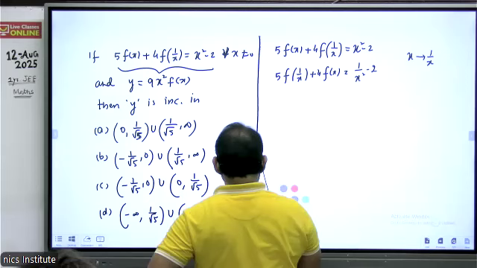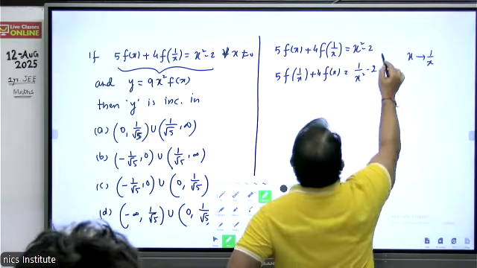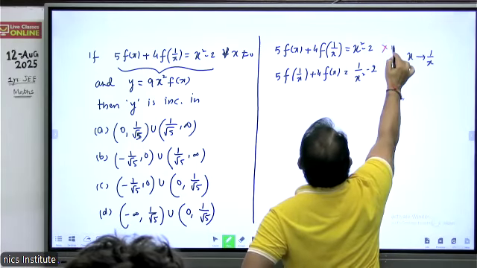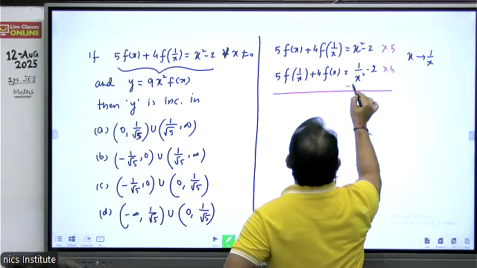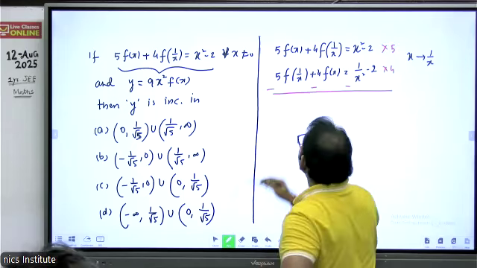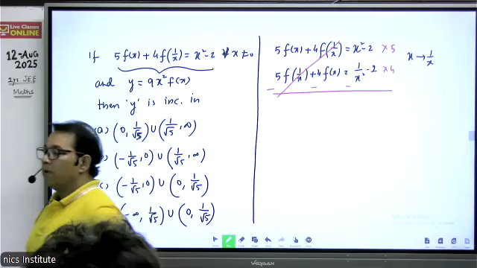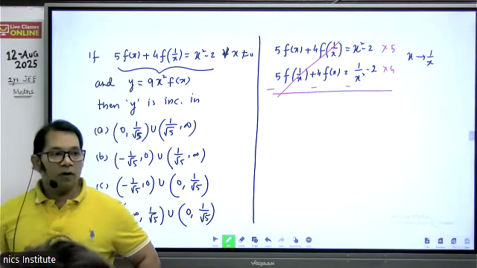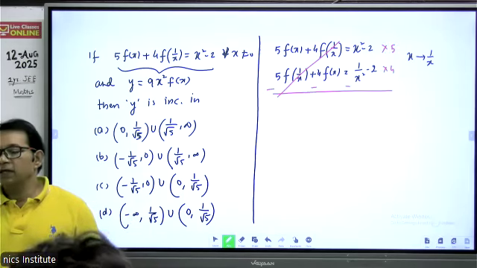Now we have to get rid of f of 1 by x. I want f of x. So multiply this entire equation by 5, the other by 4, and subtract. This will cancel out. Multiply the first equation by 5, second equation by 4 and subtract. f of 1 by x will cancel.